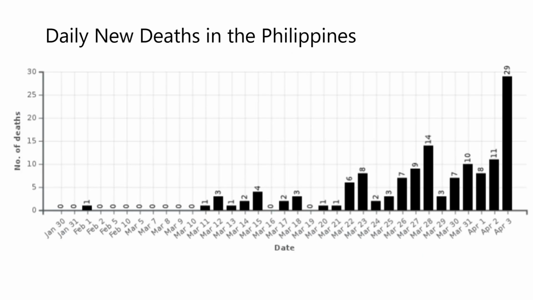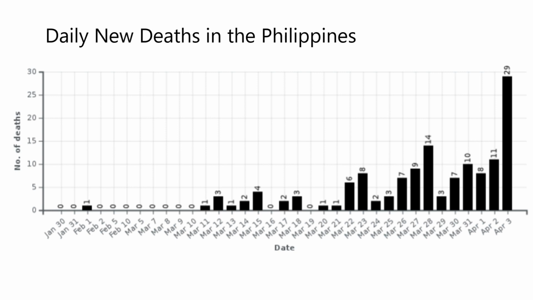As we mentioned earlier in this video, due to the lack of testing kits in the Philippines, there are better methods of measuring the spread of this virus, which would be the number of deaths per day. But the problem with that is the number of people passing away is relatively small, so it gets noisy.